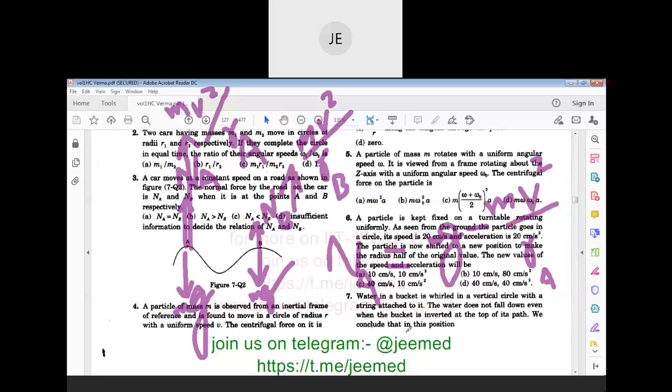Is it okay or any doubt? Wait. Is Na greater or Nb greater? One minute. If Ra is greater, Na is lesser. If Rb is greater, actually, RB is greater on the curved path.